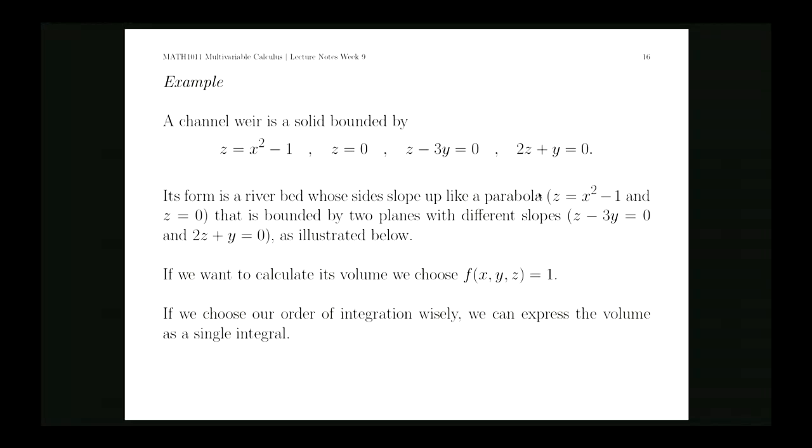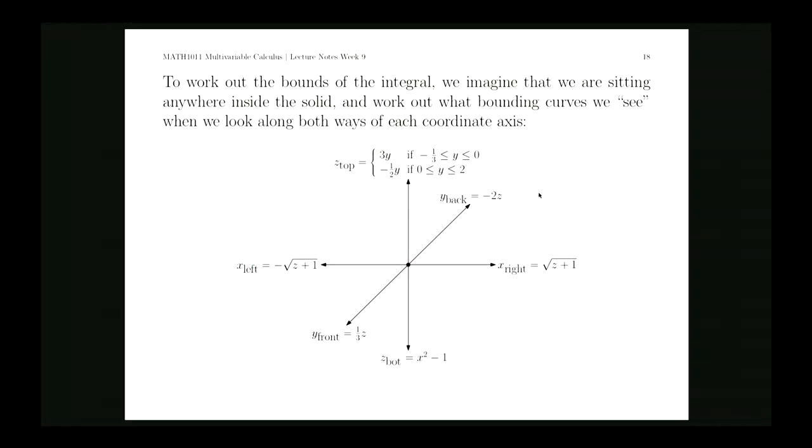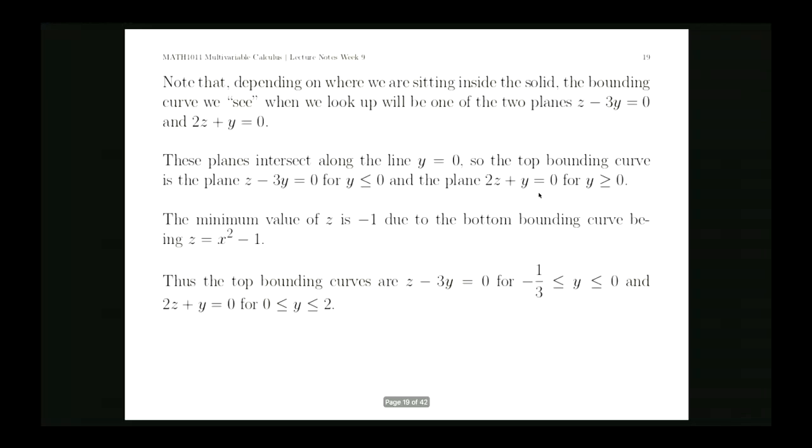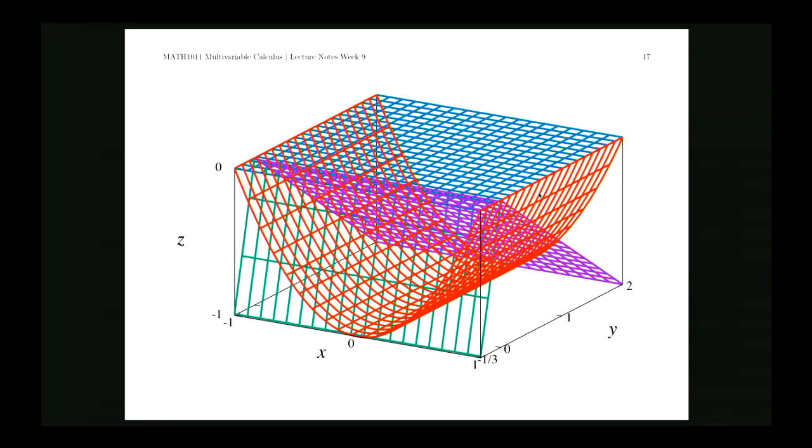So left is the negative square root, right is the positive square root. Now the hard part. If I look down, in the negative z direction, what do I see? I just see the bottom of this parabolic cylinder.